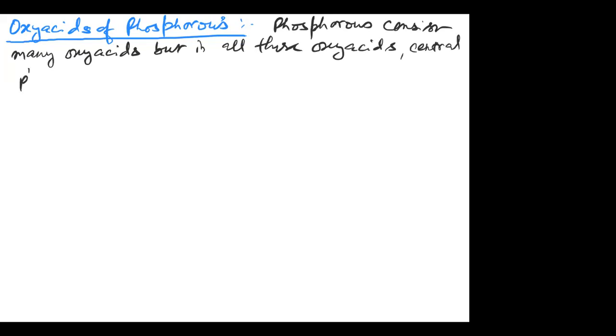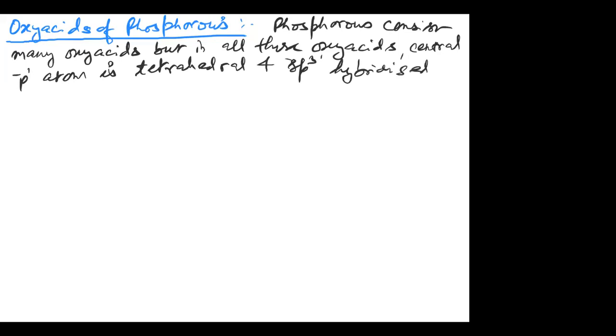the central phosphorus atom is tetrahedral and sp3 hybridized, as every phosphorus atom seems to be this type.